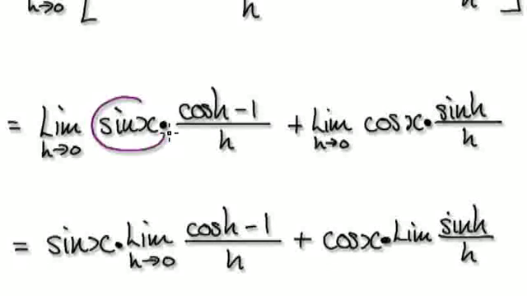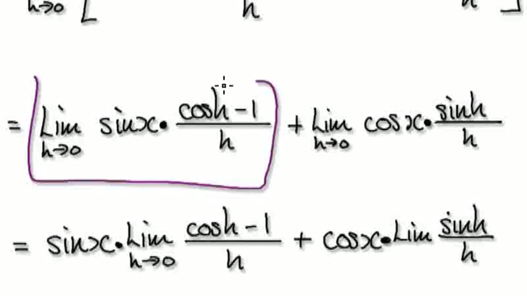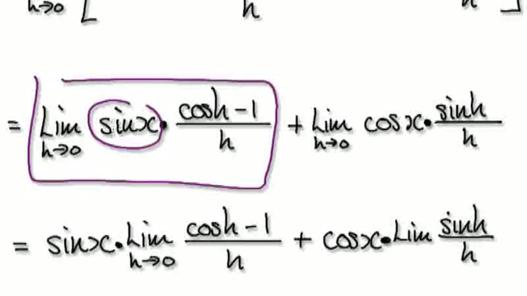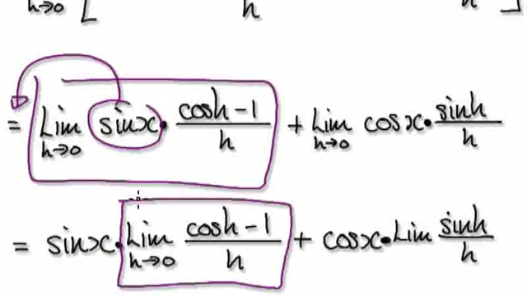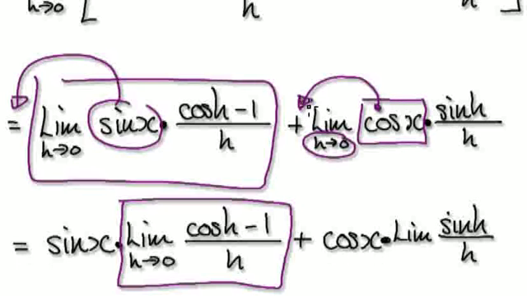So this here is independent of h. Remember, you're trying to find out the limit as h tends to 0, but this thing here doesn't really contain h, so you can actually take it out. So concentrate on finding out the limit of this, and the same goes over here. You're trying to find out the limit as h tends to 0. This here doesn't really contain h, so you can actually take it out here.